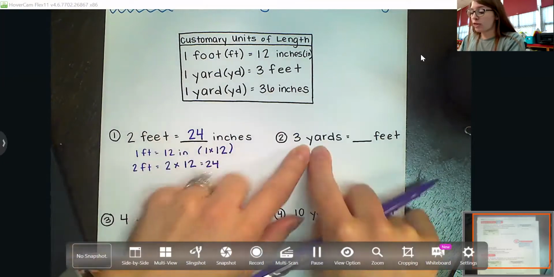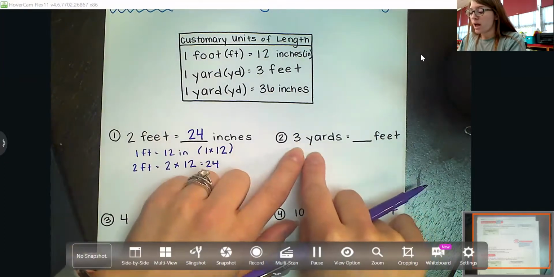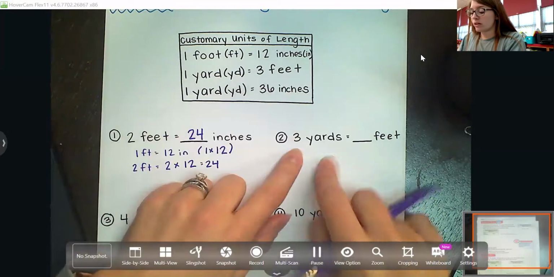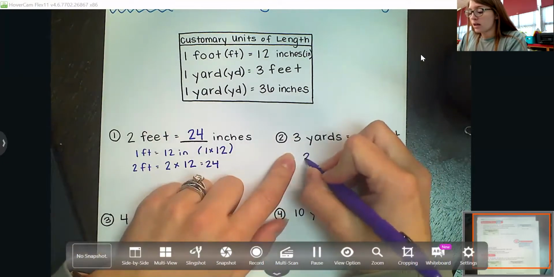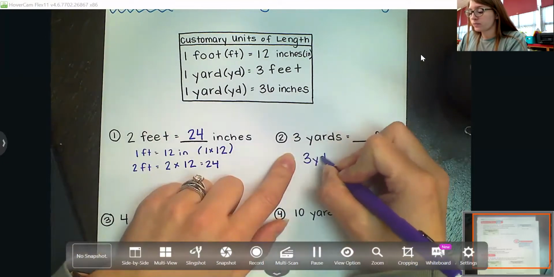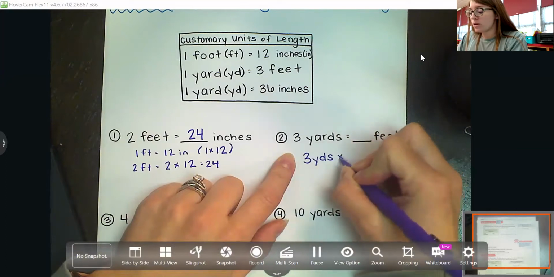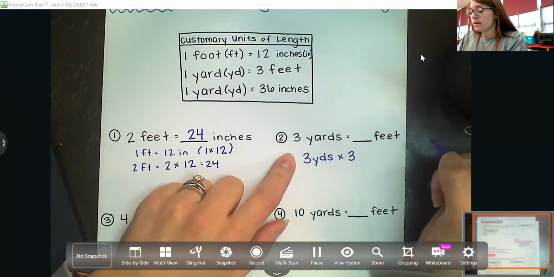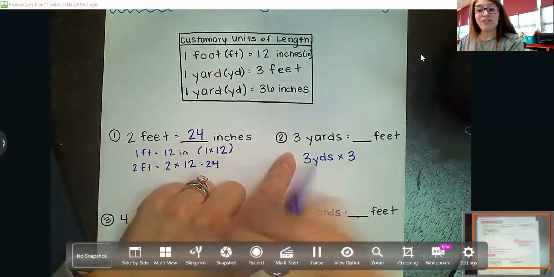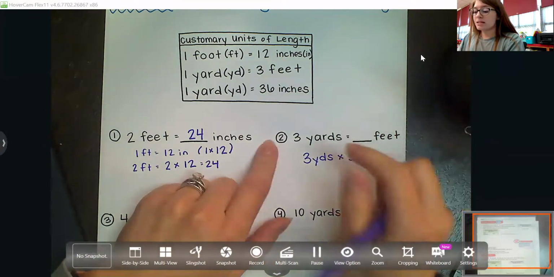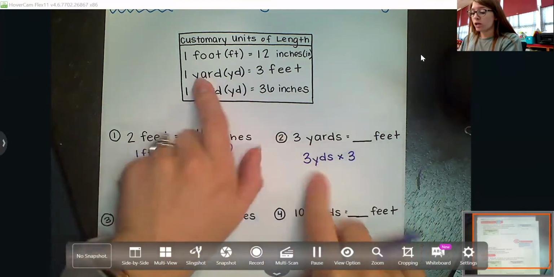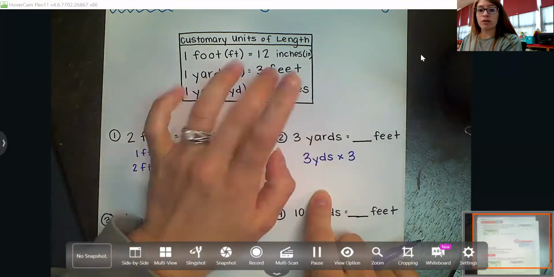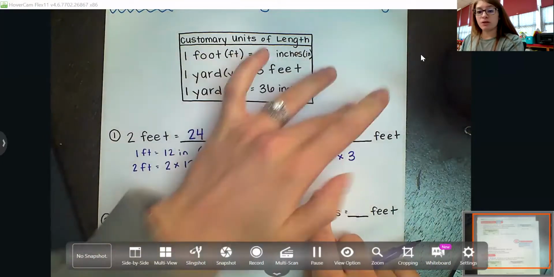So if I'm looking at 3 yards and I know that 1 yard equals 3 feet, well, I can take 3 yards times 3 to figure out how many feet I'm going to have, because that's like saying 1 yard plus 1 yard plus 1 yard, or 3 feet plus 3 feet plus 3 feet.